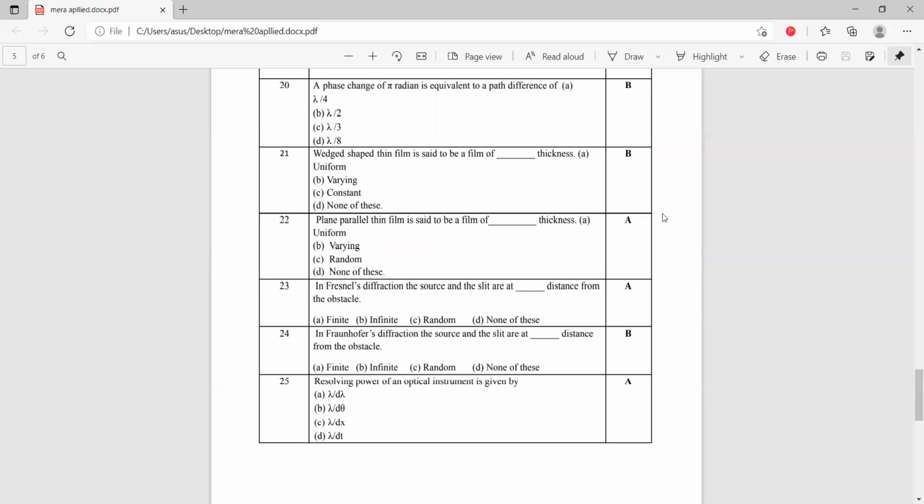Now moving on to our last question, question number 25. Resolving power of an optical instrument is given by option A, lambda by d lambda, option B, lambda by d theta, option C, lambda by dx, and lambda by dt is option D. So what's the correct answer? The correct answer is option A, that is lambda by d lambda.